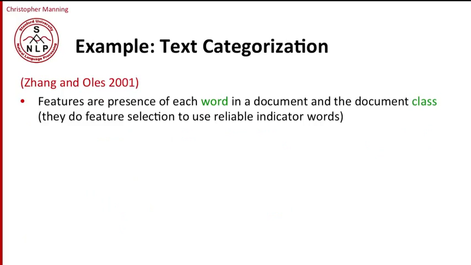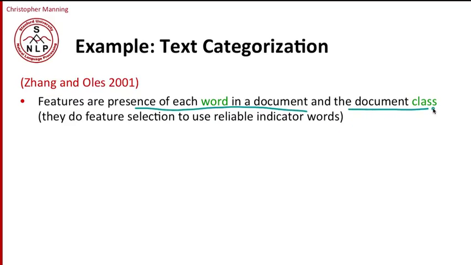So looking at a couple of examples in more detail, let's just go through a couple of bits of work on feature-based classifiers. So Joachims was one well-known piece of work for doing text categorization. And so the features that they used are precisely bag of words features. So the features are precisely presence of a word in the document and the document class.